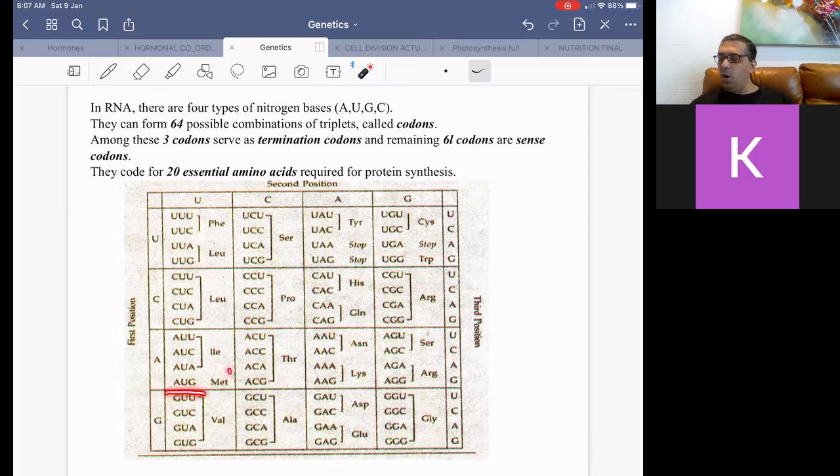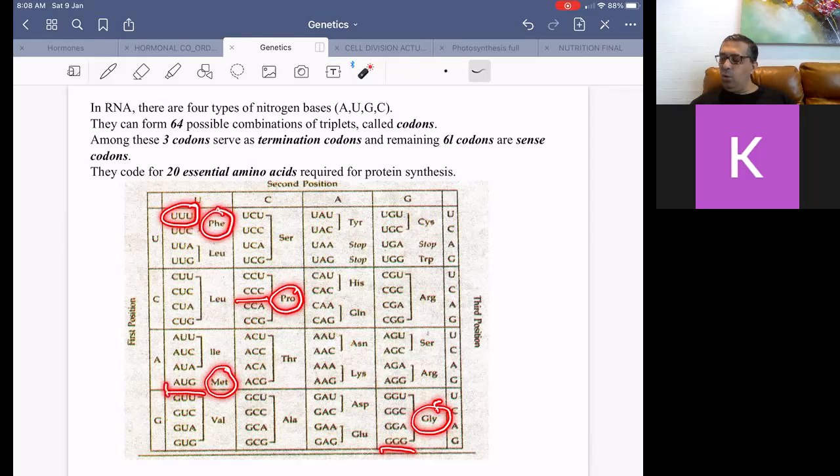AUG codes for methionine. GGG codes for glycine. CCC codes for proline. UUU codes for phenylalanine.